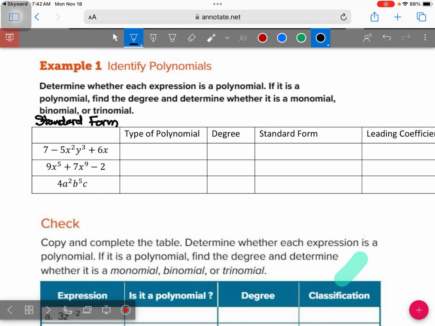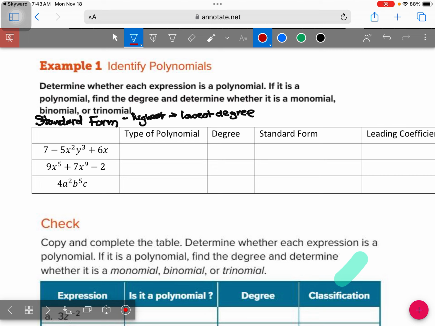That just means you're going from the highest degree to the lowest degree.